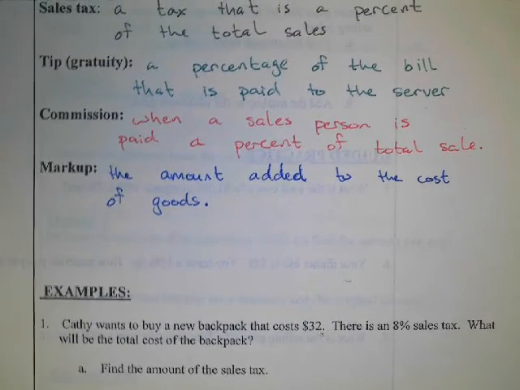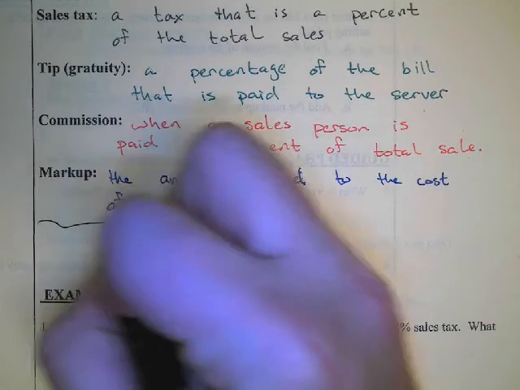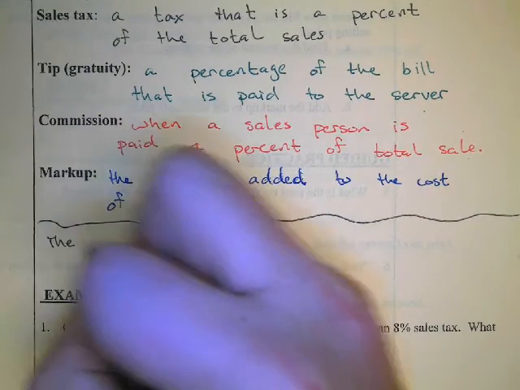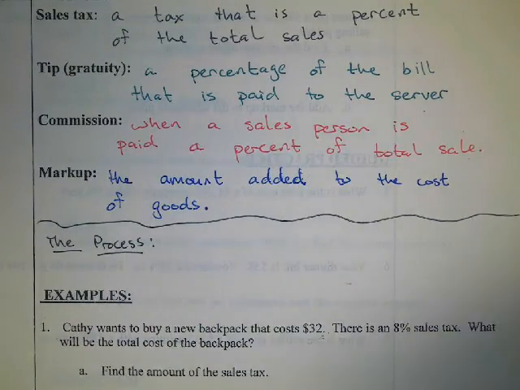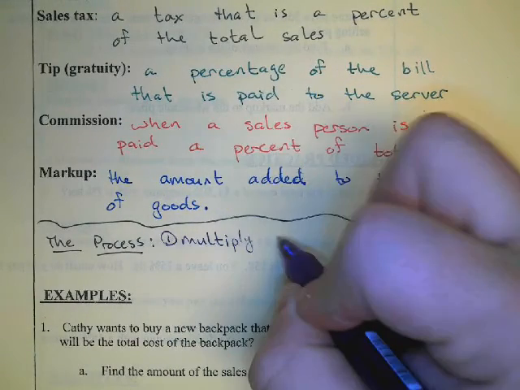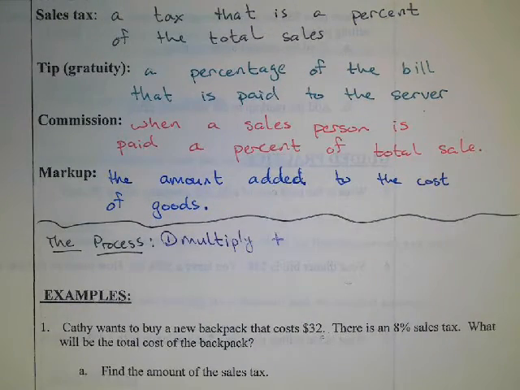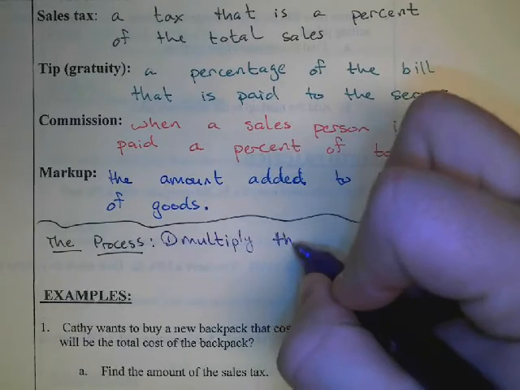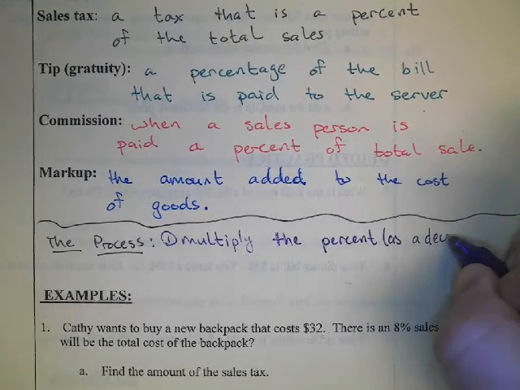Okay, so the process to doing this is the process. Step 1: Multiply the percent as a decimal. So we'll turn that percent into a decimal.